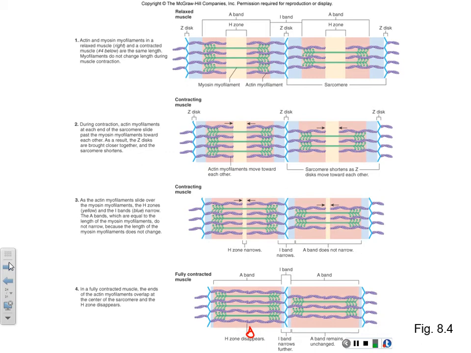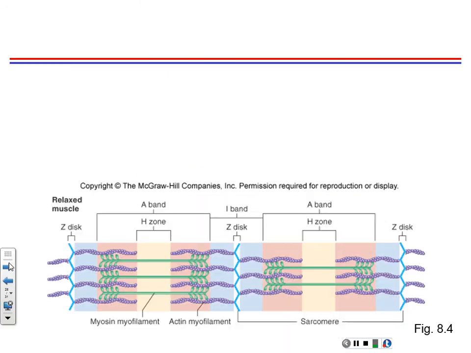You can see how the Z line is approaching the myosin, and you have just a thin sliver of the I band remaining. It's almost completely disappeared. But the H zone does definitely completely disappear. And so the following pictures pretty much show the blown up part of that 4-picture diagram.